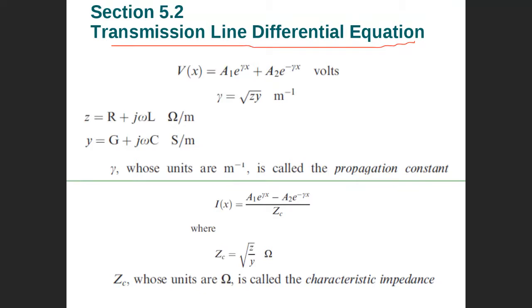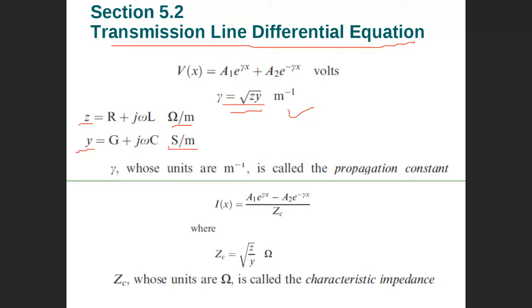All right, now for Y and Z, you just multiply by the length, because these are given in ohm and Siemens per meter. If we multiply Z and Y, we get what is called the propagation constant.